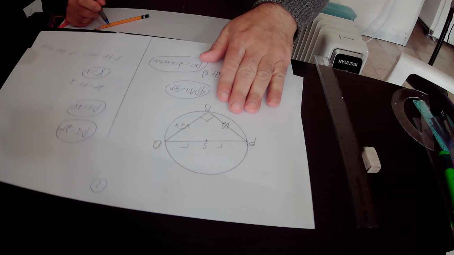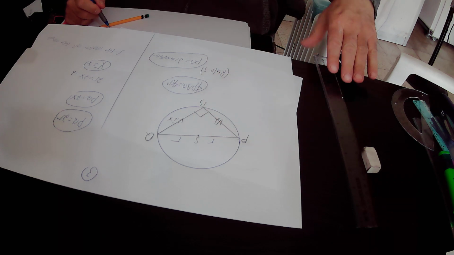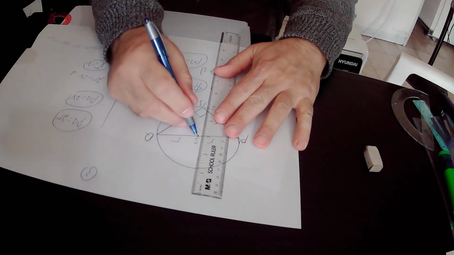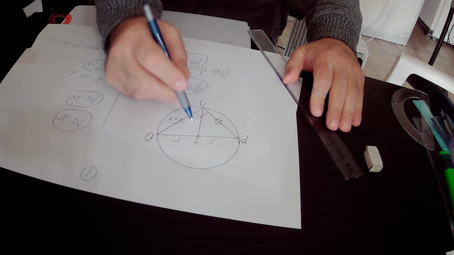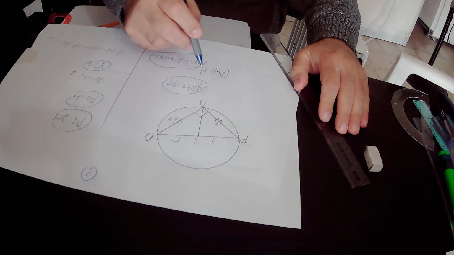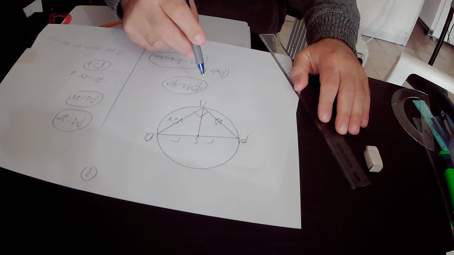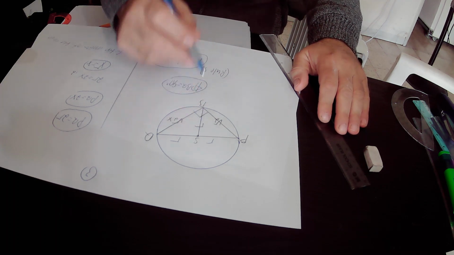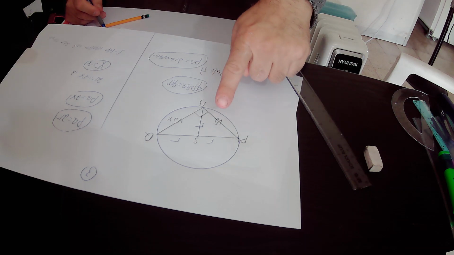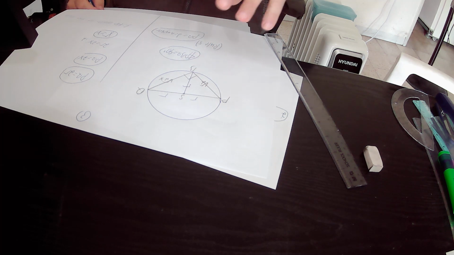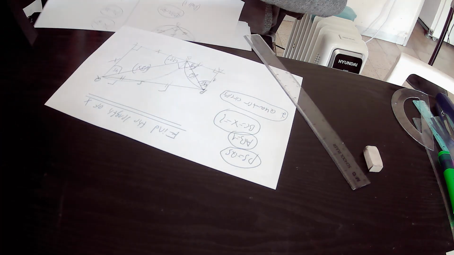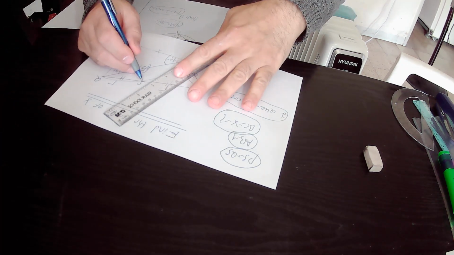In the next step, we will join points S and B together by a straight line. Point S is the center of the circle, point B is a point on the circle itself, therefore SB is the radius of the circle and is equal to R. So in conclusion, we found out that PS equals SQ equals SB. All of those line segments are the radii of this circle.